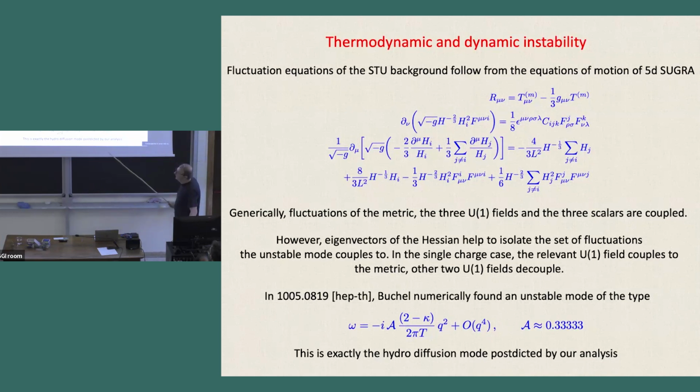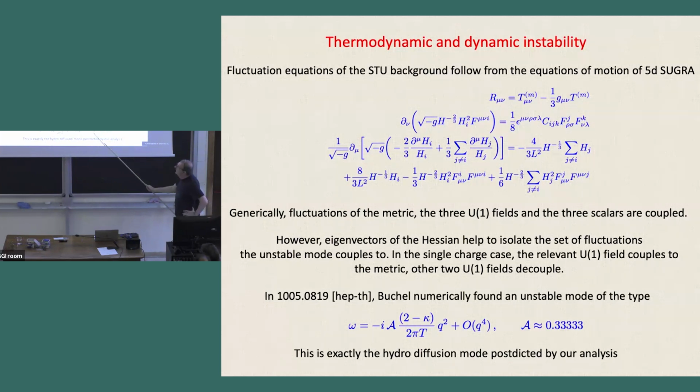But the unstable mode will behave badly. And in fact, when we computed this, we looked at the literature, and it turned out in 2010, Buchel numerically analyzed the full set of these fluctuations, without this thermodynamic and hydro analysis, but just a set of gravitational and coupled scalar and U(1) fields.